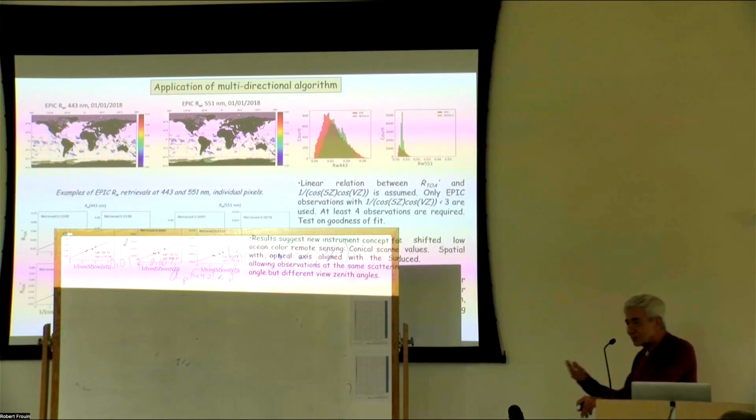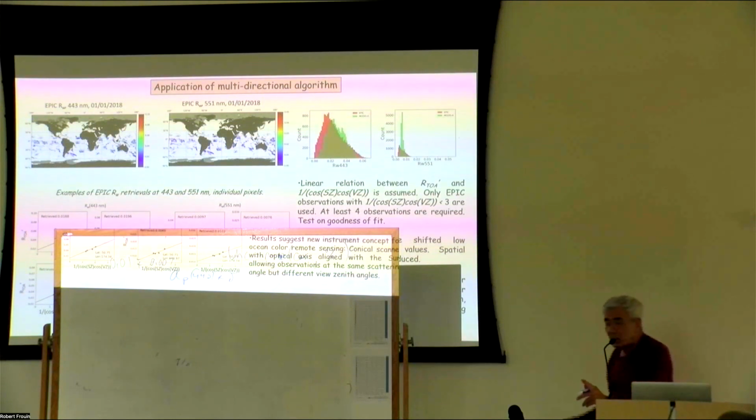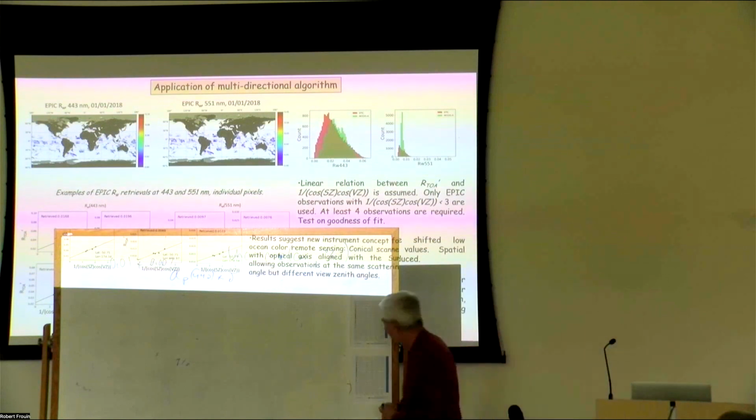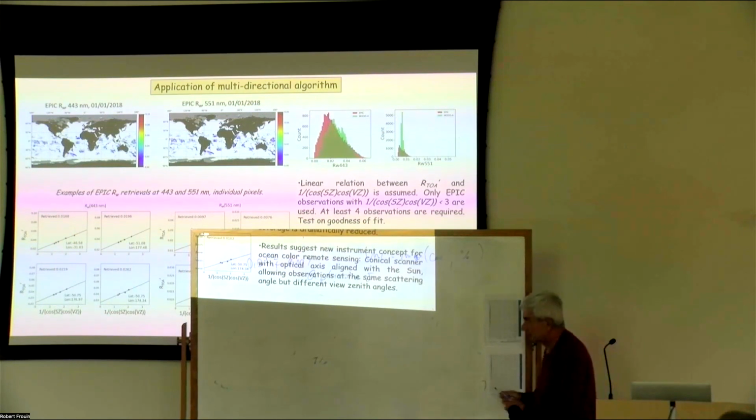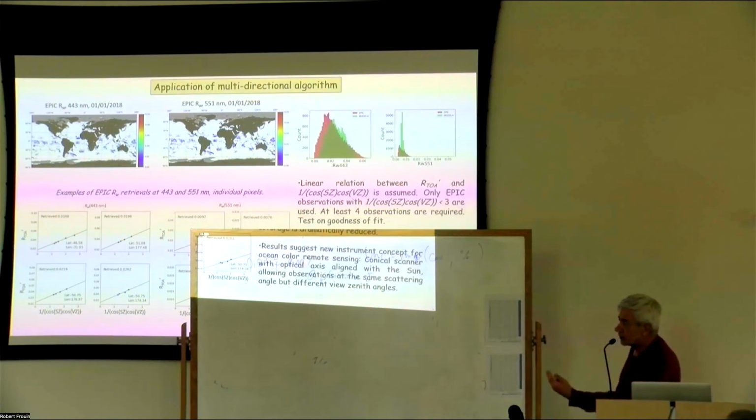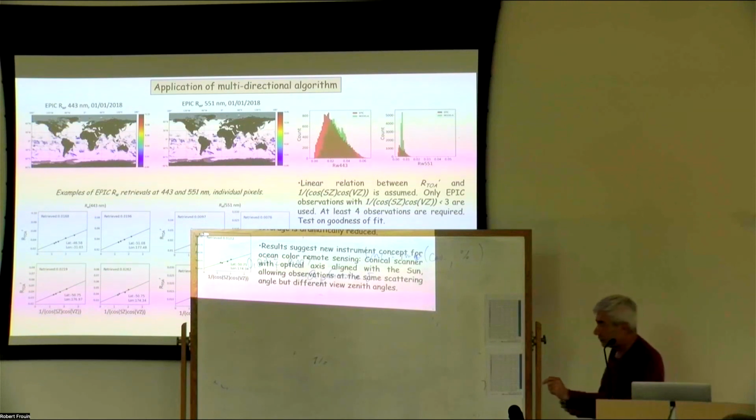The question is, how can we do this, not from the L1 orbit, but from an orbit that is closer to the Earth? So if you remember the expression of this residual term, R aerosol, the reflectance of the aerosol.